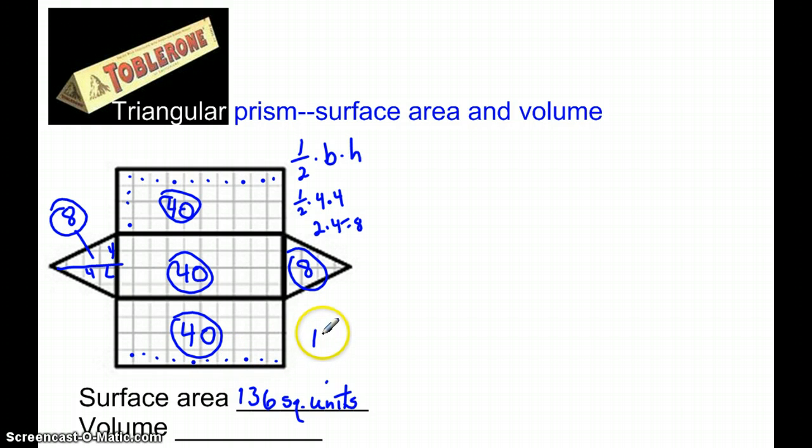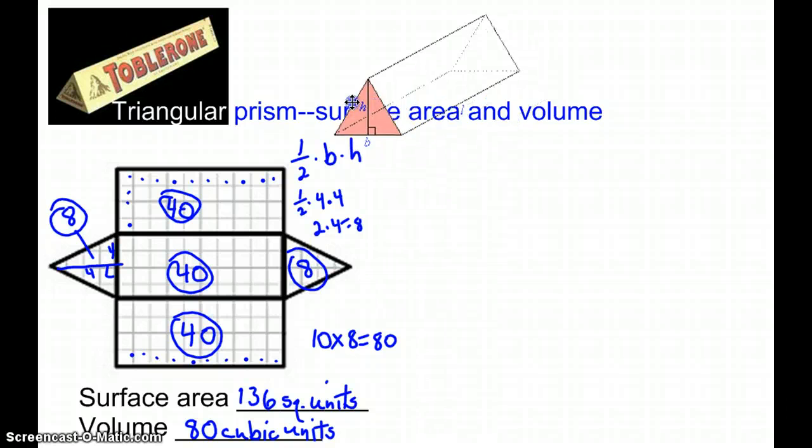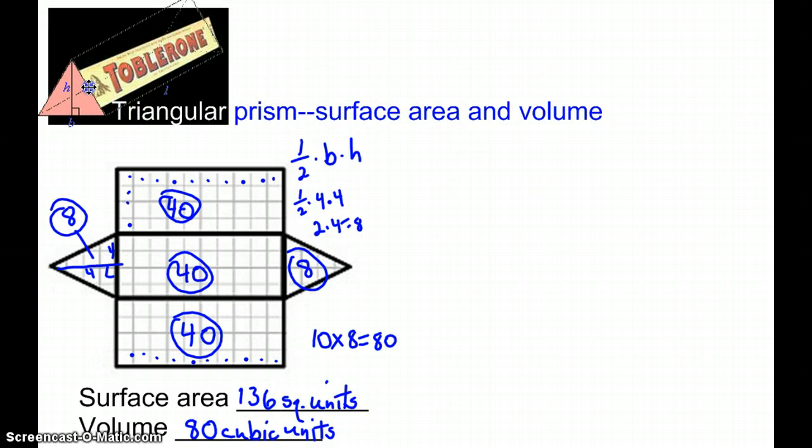So we're going to multiply 10 times one of these triangles, 8, and we will come up with 80 cubic units. Let's see how that compares with actually constructing and using a regular triangular prism.